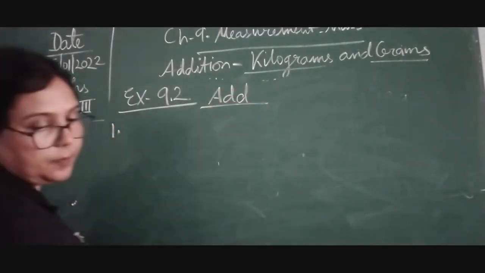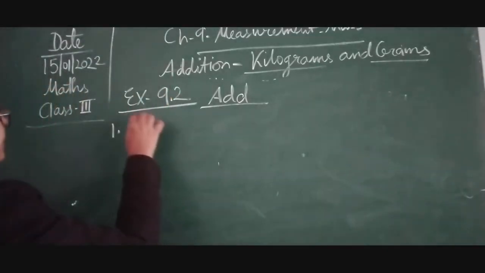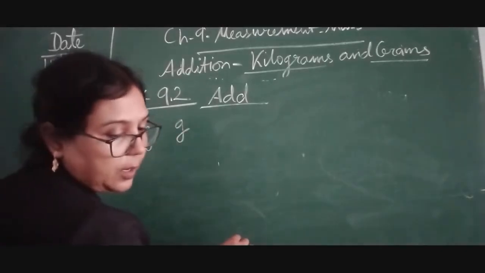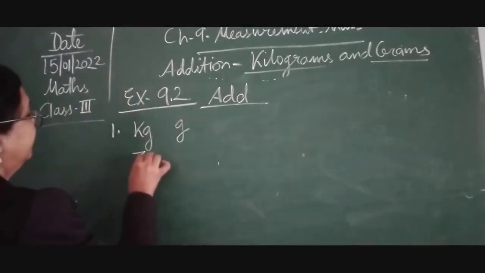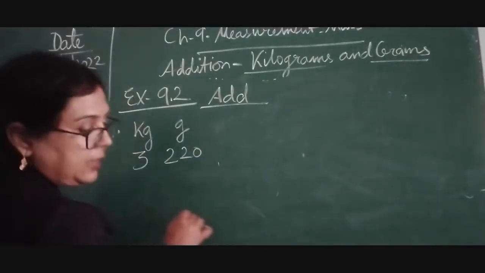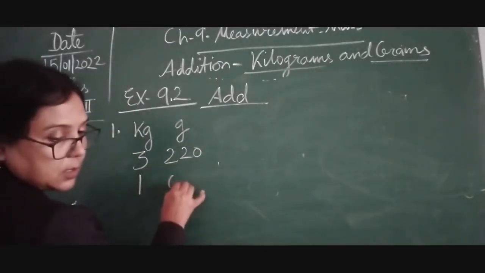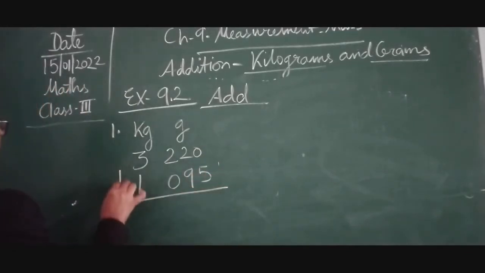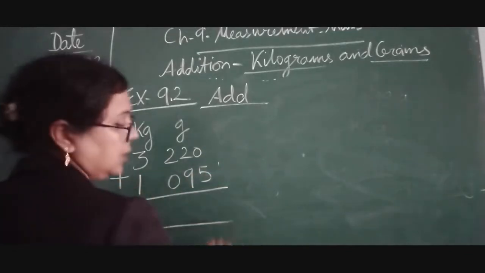First number, that is kg and gram. Now here 3 kg 220 grams, 1 kg 095 grams. Okay, now plus karenge.